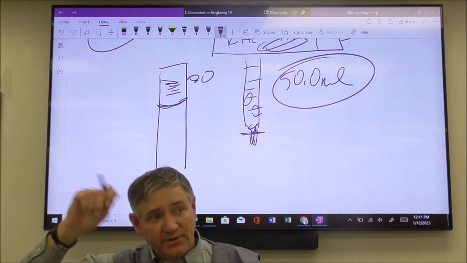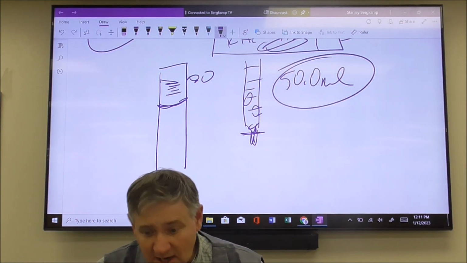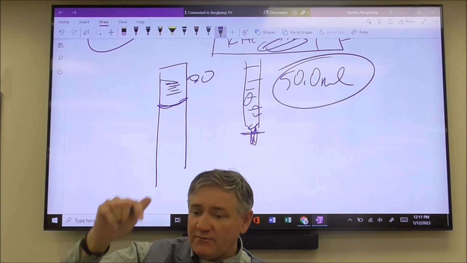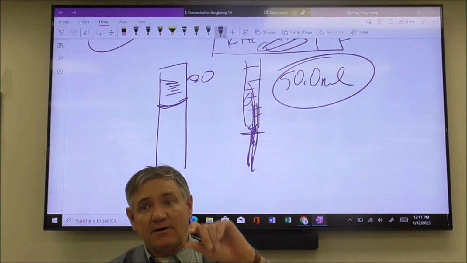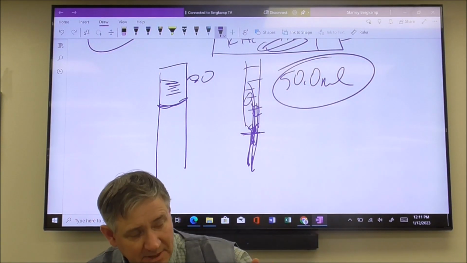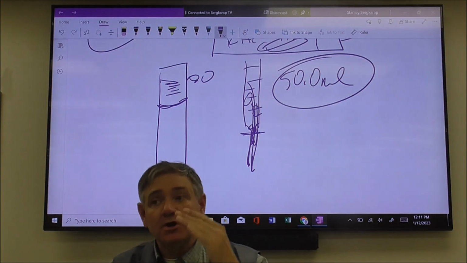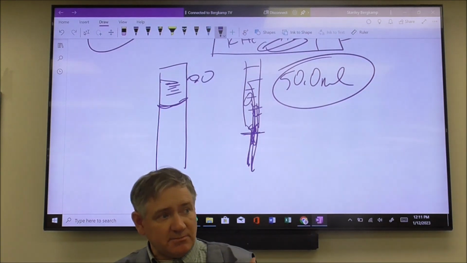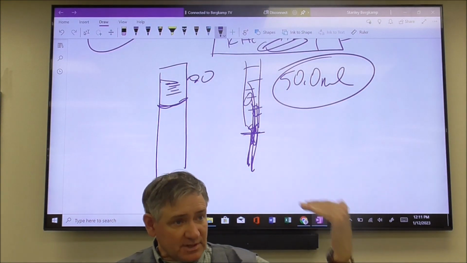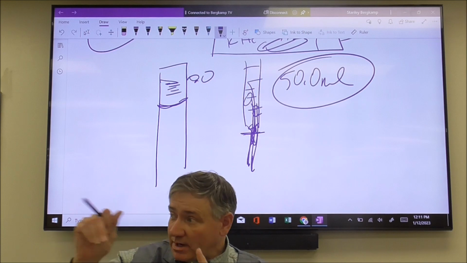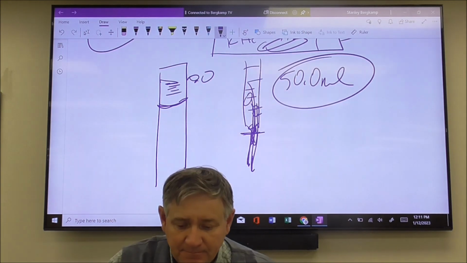So this is why you even want to rinse it with sodium hydroxide. Open up that valve, and make sure all the water gets flushed out, so that when you open up that valve to actually start the experiment, you know it's just sodium hydroxide that's coming out of that burette and not water or dilute sodium hydroxide. So that's why you want to rinse it with sodium hydroxide.